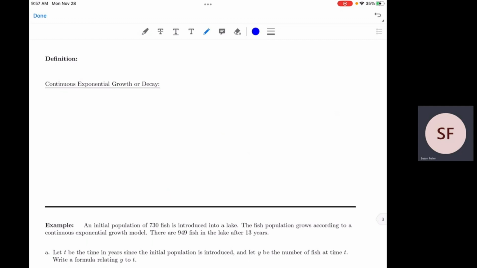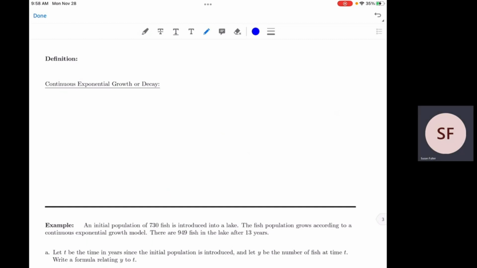With continuous growth, if it was measuring money and investments, continuous interest would be interest calculated every moment that money is in the bank, and it's added every moment. So you would get interest for each second or each fraction of a second that it's sitting in the bank, rather than getting interest for every year or every quarter that it's in the bank.